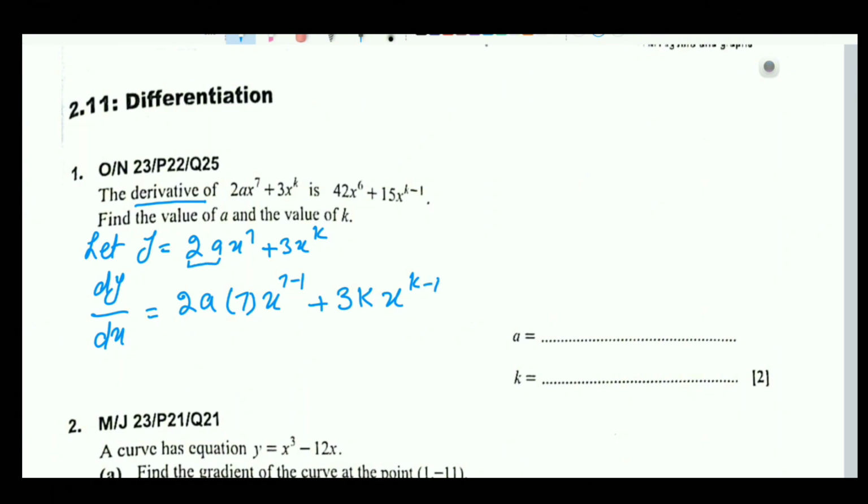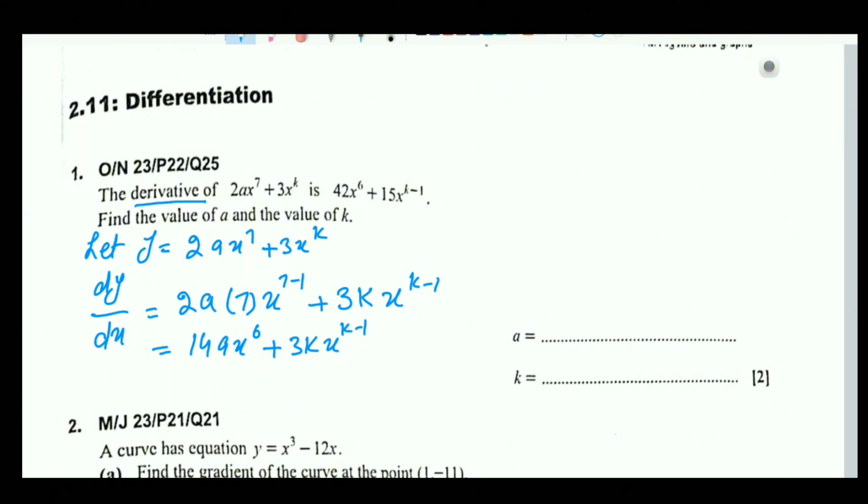Coefficients remain as they are. The power comes first before the variable, and then we subtract 1 from the power. This is the power rule. So 14a x^6 plus 3k x^(k minus 1) is the differentiation of that expression.